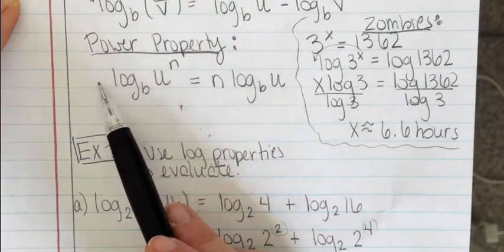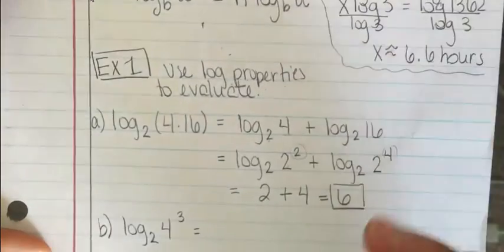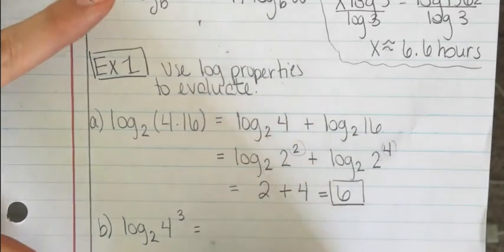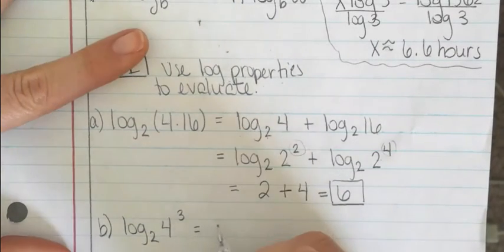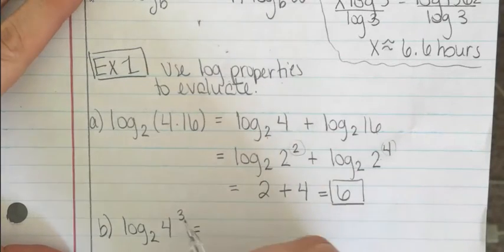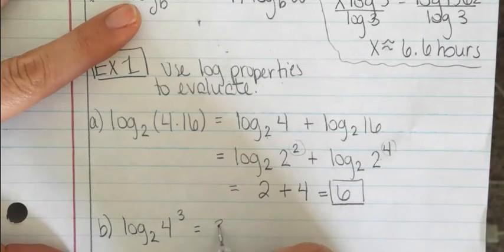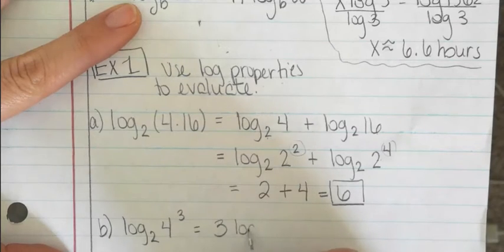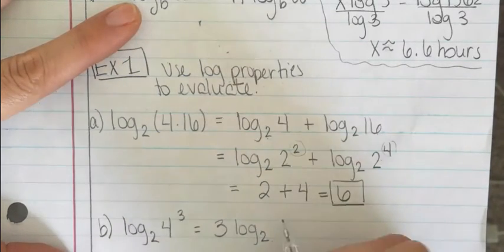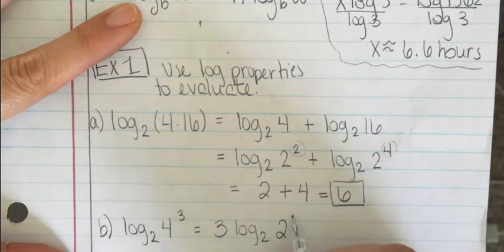bring that power down. Okay? One way of handling it. Now, I love this property, so you're always going to see me using that if I can. Okay? There are, again, multiple ways of handling these problems, but I'm going to go ahead and bring that 3 down. I'll have log base 2. Now, instead of using 4, I'm going to get like bases. So I'll use 2 squared, right?